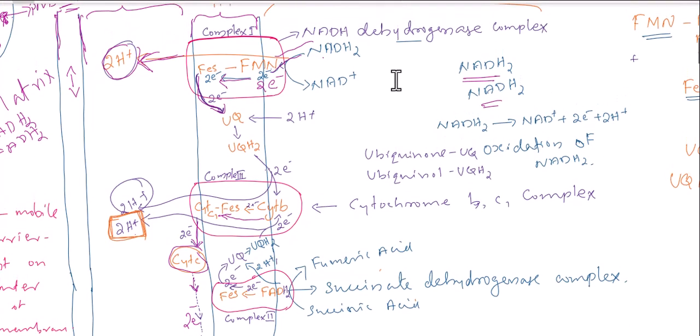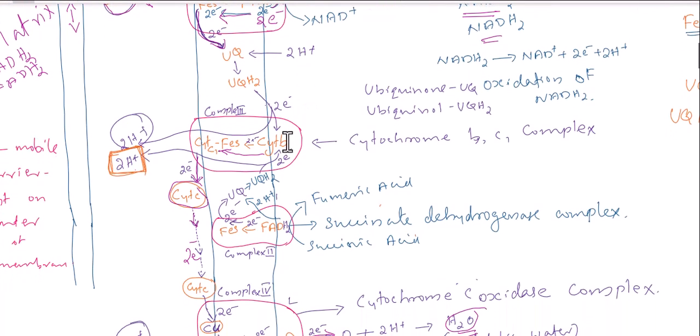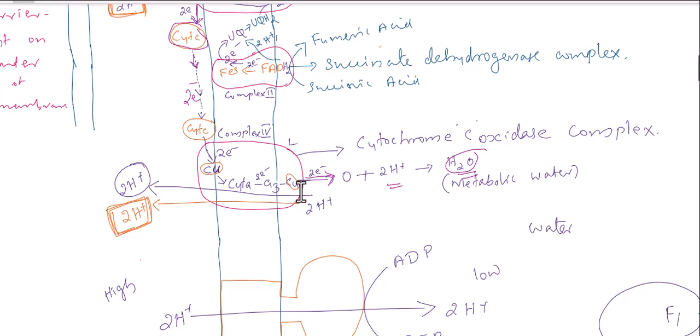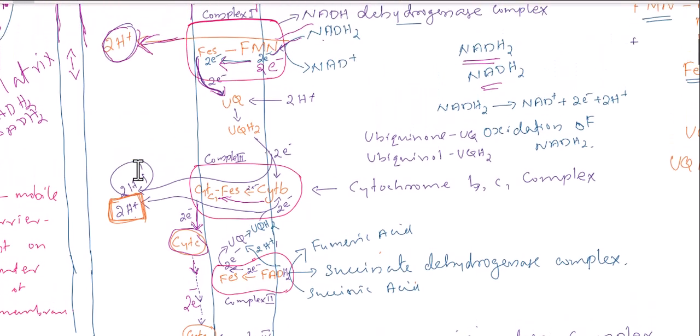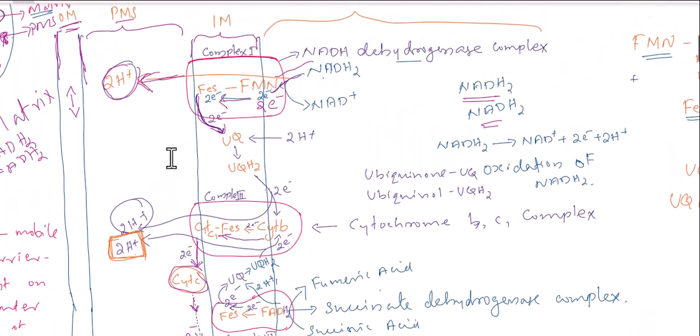Two hydrogen ions are pumped out at complex 1, another pair at complex 3, and again a pair at complex 4. So three pairs, six hydrogen ions, are moved to the outside. How does that movement occur?